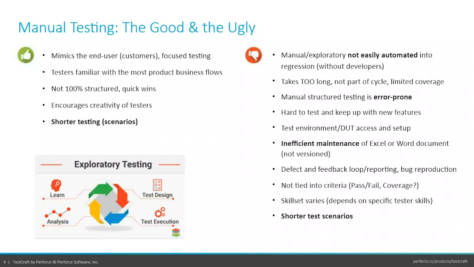Now, some of those advantages can actually be addressed as pros or cons, but I'll try to highlight both sides of those coins. So manual testing, obviously depending on the procedures, is usually not completely 100% structured because of those changes, because of those unexpected occurrences that a human can handle, where a machine might still have some trouble doing so.